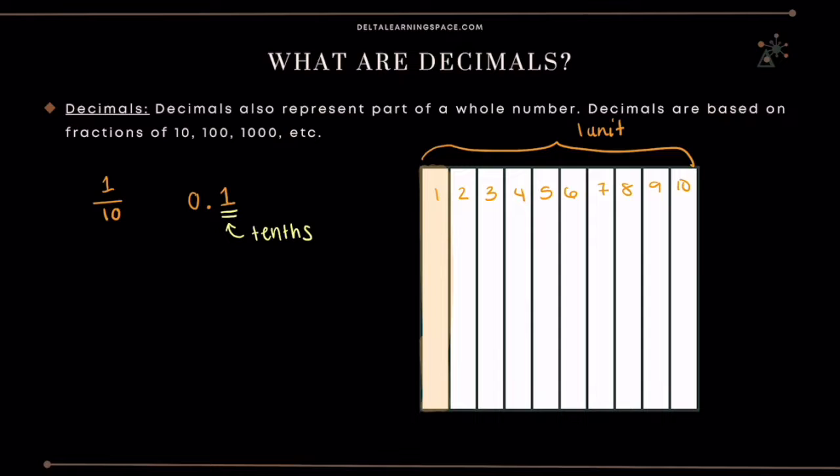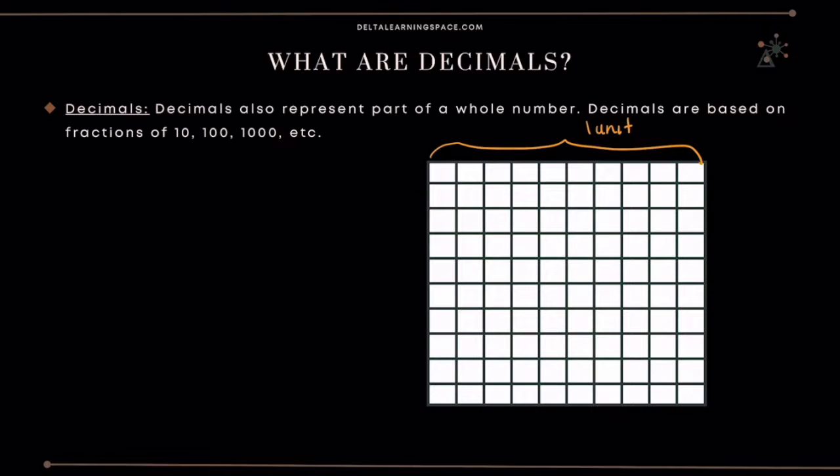If I were to shade a second piece, I would have now shaded 2/10 of my unit, and this would be represented as 0.2, with this numerator being represented in the tenths position. I can now cut this unit into 100 equal pieces. Now my denominator will be out of 100.